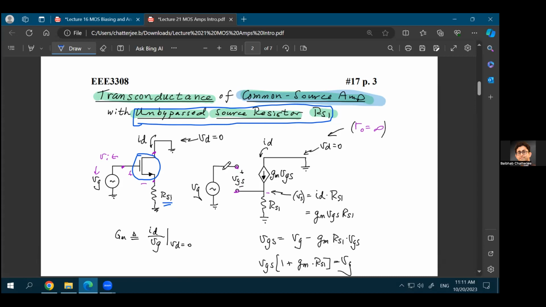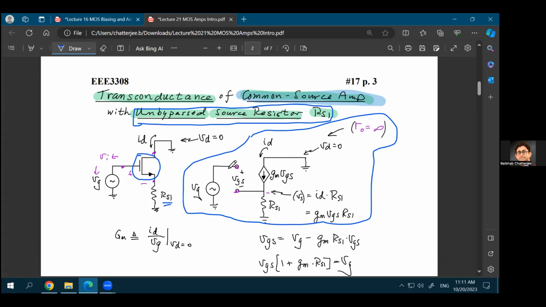And in this case, you can again draw the linear equivalent model of the MOSFET. The linear equivalent model would look like this. You have a gate voltage, and you're developing a gate to source voltage because of that gate voltage. At the source terminal, which is over here, you're connecting this resistance, right? So this is your source terminal, this is your gate terminal, and this is the voltage VGS across the source and the gate terminals.